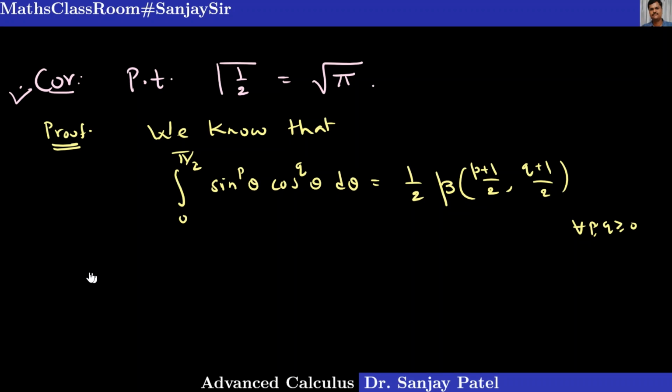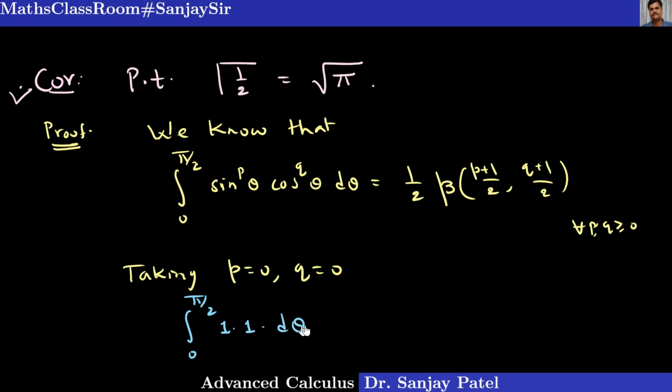Putting p and q as 0, let us see what happens. Taking p equal to 0 and q equal to 0, we get on the left hand side the integral from 0 to pi by 2 of sin raised to 0, which is 1, into cos raised to 0, which is 1, d theta, and the right hand side is 1 by 2 times beta of 1 by 2 comma 1 by 2.